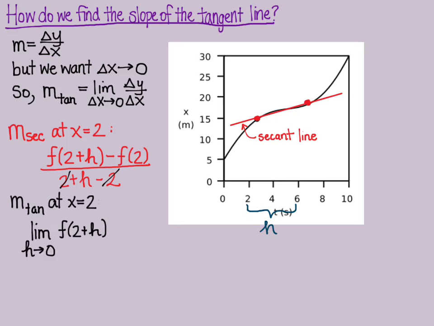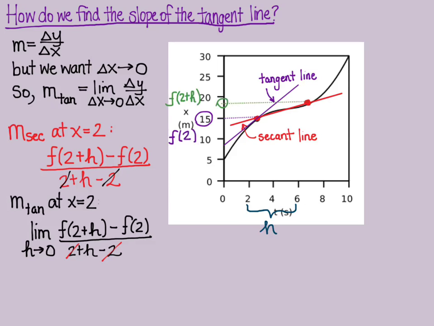The tangent line at x equals 2 then is the limit as h goes to 0 of f of 2 plus h minus f of 2 over 2 plus h minus 2. That's the change in y over the change in x, or the slope of the average velocity, but taken as the time interval goes to 0. Once again, the 2's in the denominator cancel, and we're left with the slope of the tangent line.